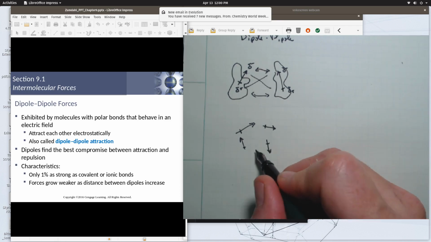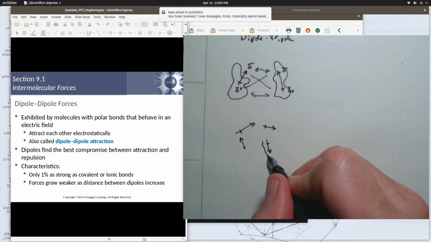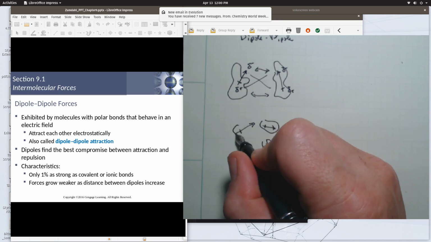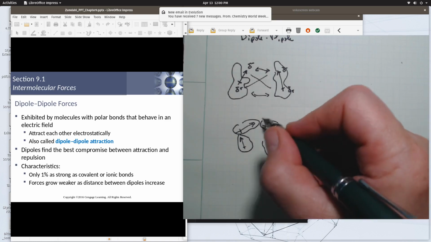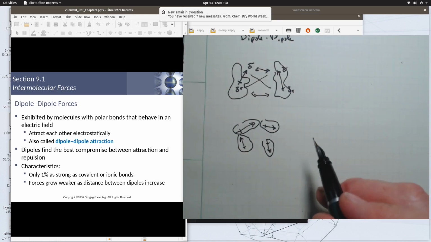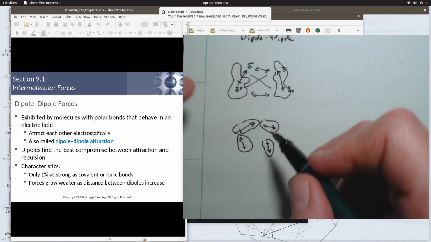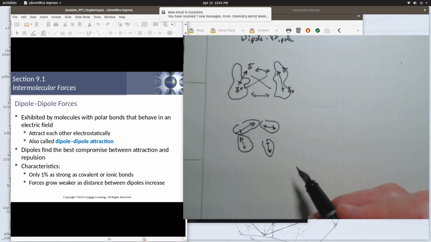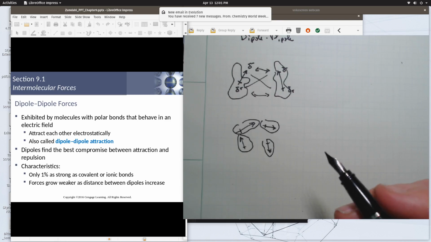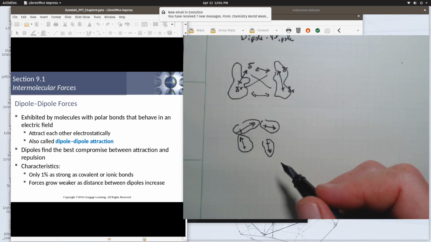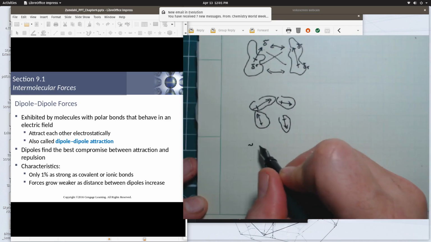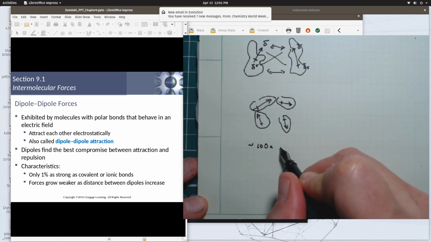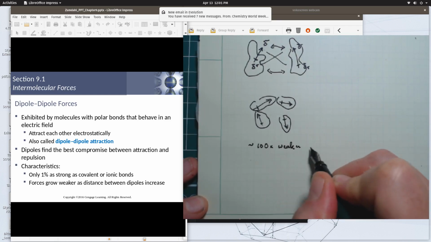But of course, these things are also moving around, wiggling and jiggling at kT, some thermal energy, and so you're constantly breaking and reforming these dipole interactions between one molecule and the other, leading to the fluid behavior of the molecule. And like it says over on the PowerPoint, they're about 100 times weaker than a chemical bond.